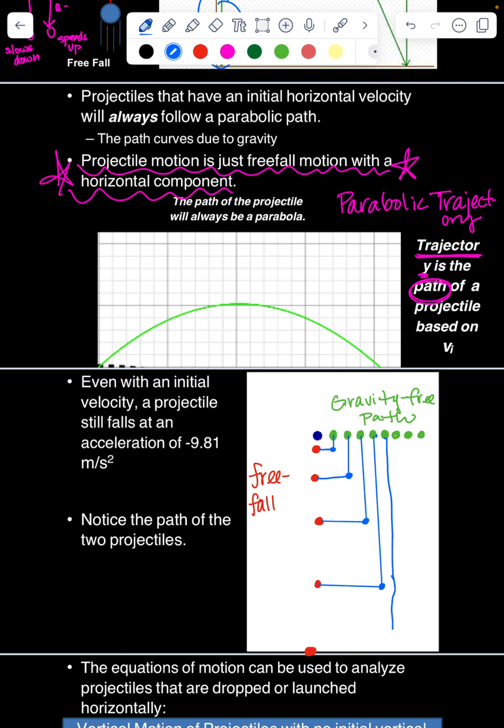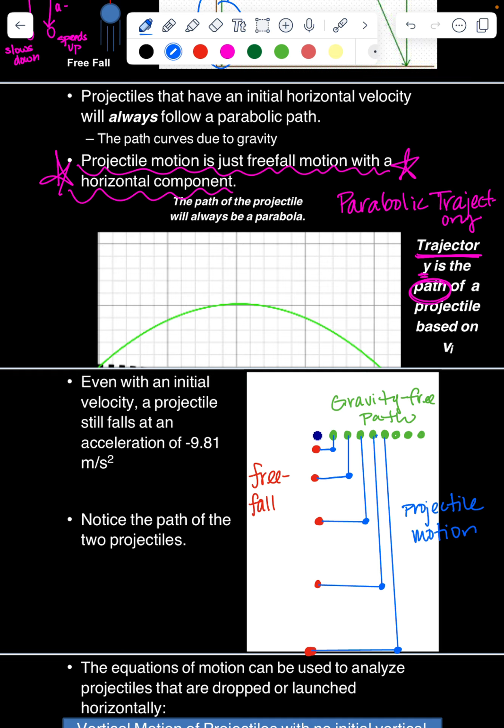So what I really want you to focus on is the spacing of each. The blue is going to be our projectile motion. If you notice that the green, that horizontal motion, is spaced equally throughout.